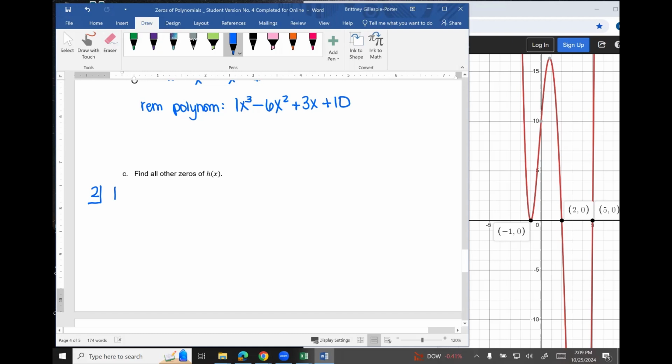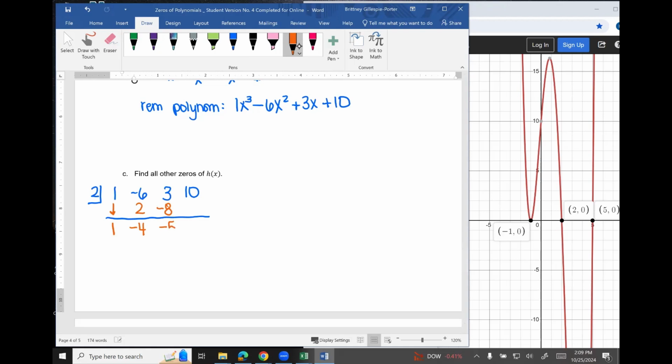Using the remainder polynomial coefficients, up top we'll have 1, -6, 3, and 10. First one always comes down. 2 times 1 gets us 2. Add vertically, we get -4. 2 times -4 gets us -8.